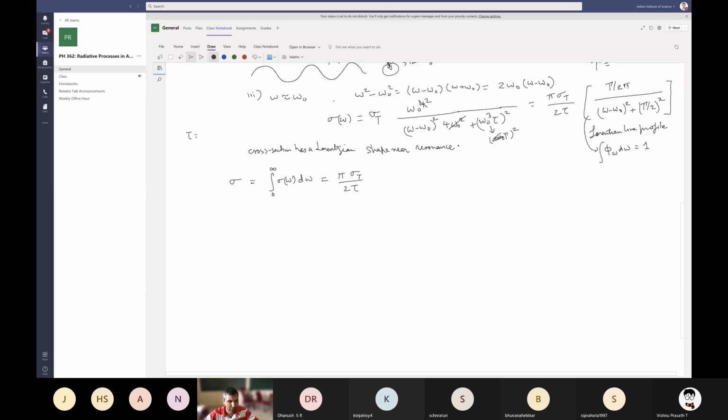Tau was this light crossing time, right? So this was c by r naught, and there was some 2 by 3 somewhere I am forgetting, and sigma t was nothing but 8 pi by 3 r naught squared. So if we write everything in terms of fundamental constants, you get 2 pi squared e squared by mc.